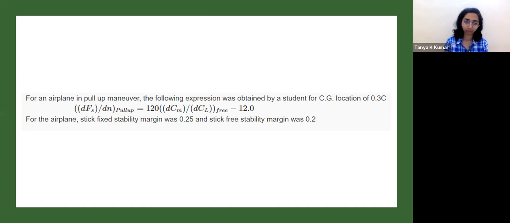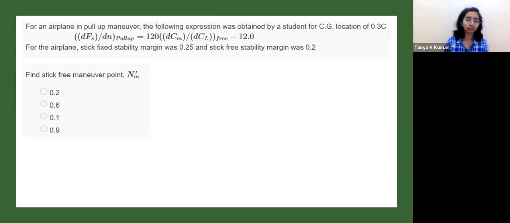Now let's look at the questions. How do you find out the stick-free maneuver point? What is the stick-free maneuver point? When some parameter becomes 0, that is known as the stick-free maneuver point, just like your neutral point. Neutral point was when DCM upon D alpha became 0. So what derivative should become 0 for your stick-free maneuver point?